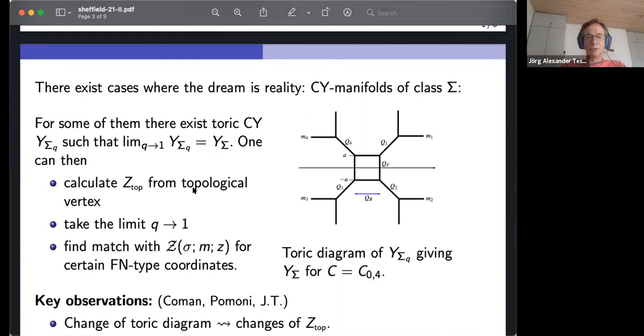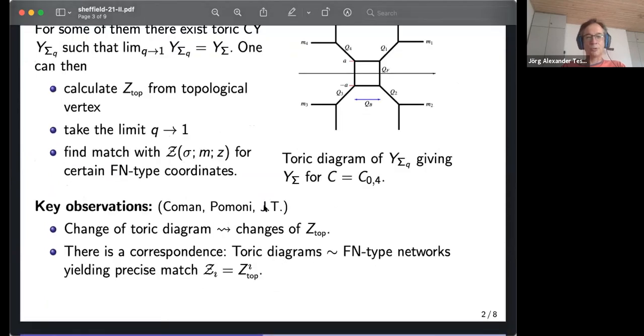If this is so, we can calculate our Z top from the topological vertex. There's a rule: you take the toric diagram, and that produces some sums over Young diagrams, some of which you can do. For the case at hand, you can do it.